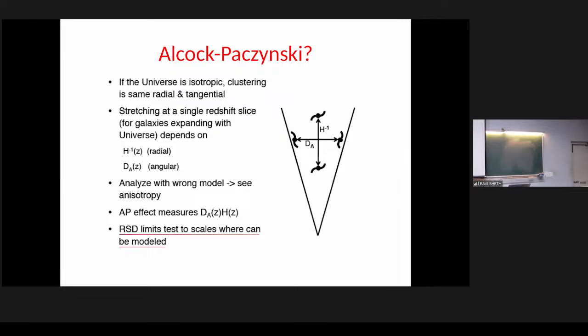The idea is, if you have something that is physically a sphere, then if you measure angles and redshifts, and you try to convert using the angular diameter distance relation to convert the angles into a distance, and the Hubble distance relation to convert the redshift into a distance, if you guess the wrong cosmology, you will not turn the angles and redshifts into a sphere. You will turn it into something warped. So the idea is that you should keep changing until you get a sphere.